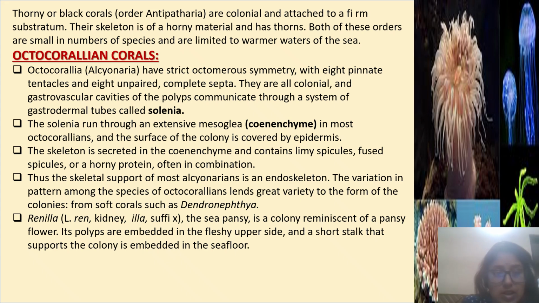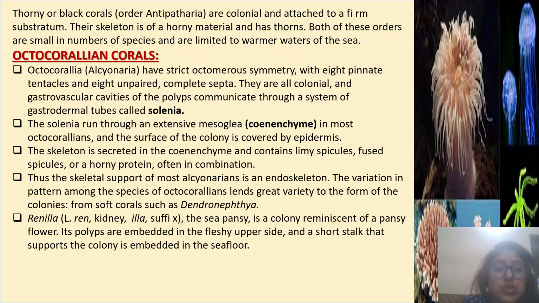Next, octocorallian corals. Octocorallian, octo means 8, have strict octomerous symmetry or 8 symmetry, with 8 pinnate tentacles and 8 unpaired complete septa. They are all colonial and gastrovascular cavities of the polyps communicate through a system of gastrodermal tubes called solenia.